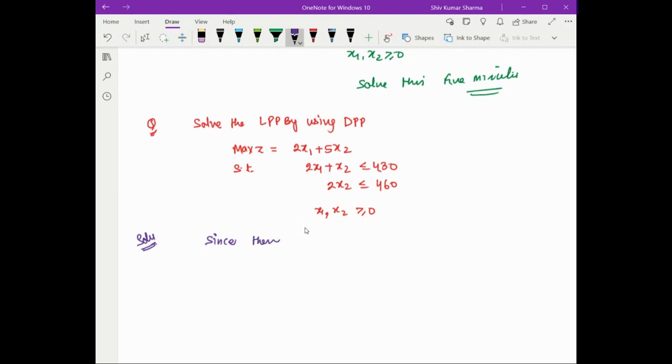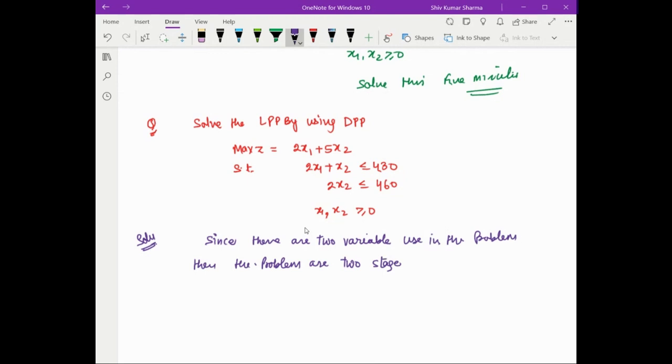Since there are two variables used in the problem, the problem is a two-stage problem.